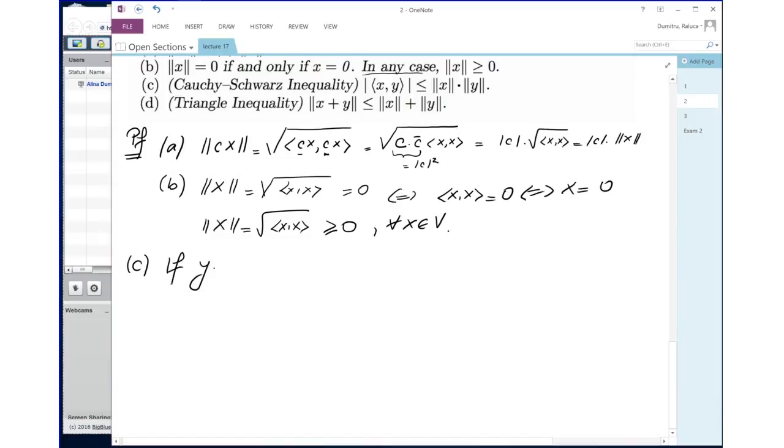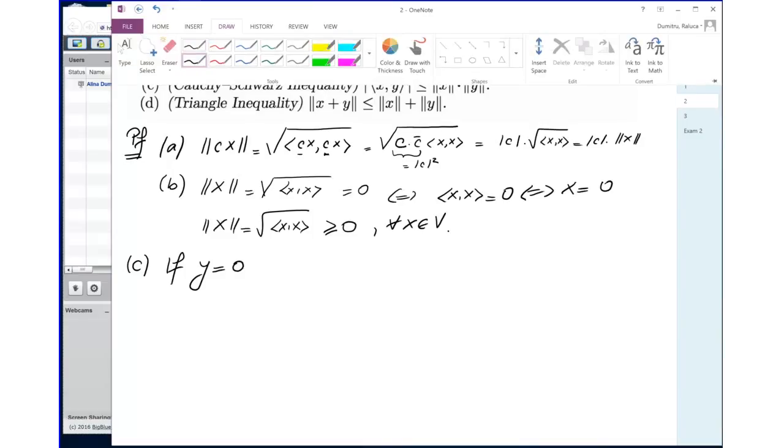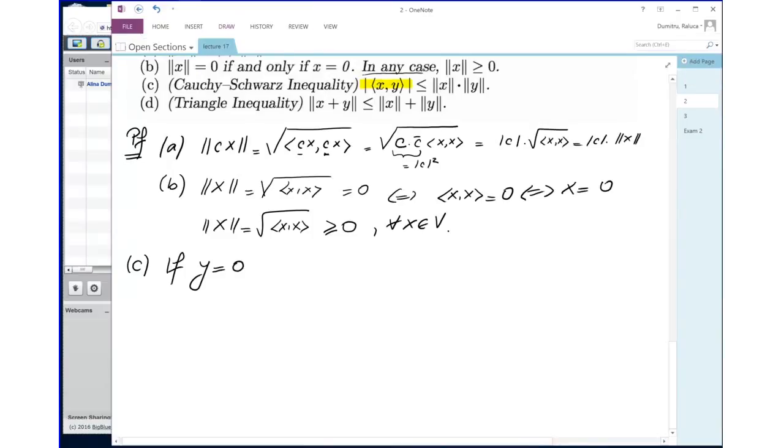It starts by noting that if y is 0, I'm looking at this inequality here. When y is 0, the inequality is automatically satisfied, because on the left you get the inner product between x and 0, which is 0.